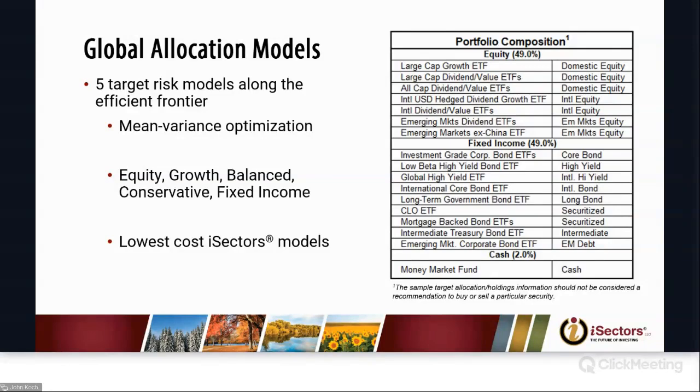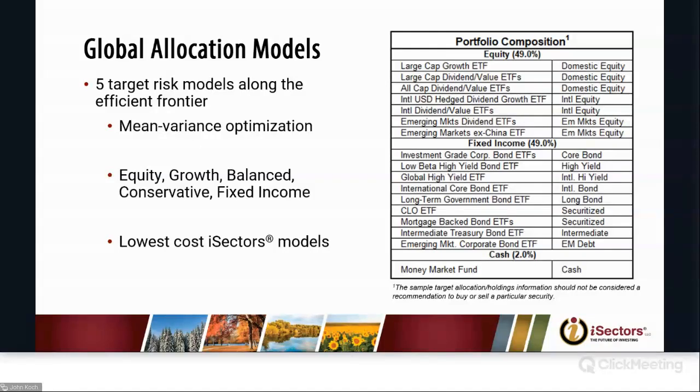These are mean variance optimization models. The equity, growth, balanced, conservative, fixed income. And they are the lowest cost models in the iSectors suite of models.